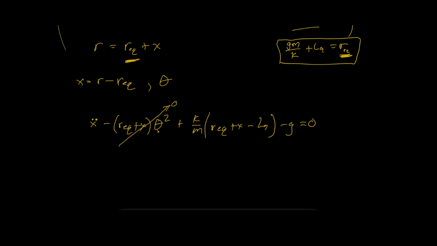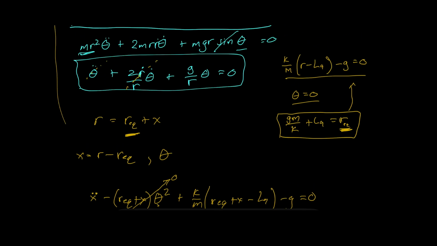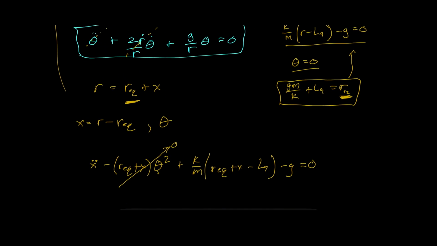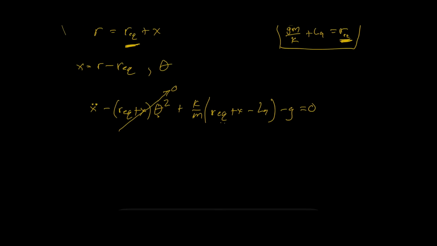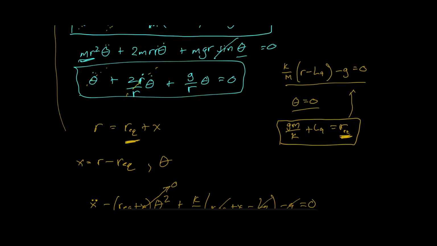So this is 0, and then also remember up here that this k over m (r minus LA) minus g equals 0, we have that here. So everything except this x, this k over m x, is going to go to 0. So we have x double dot plus, these are all going to 0 because of this equation we have up here.